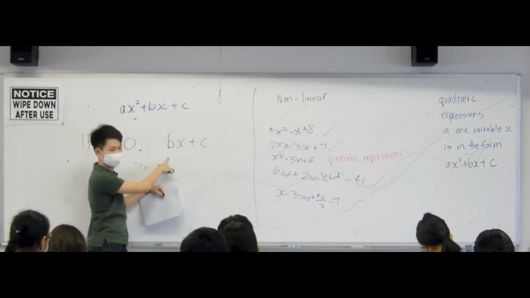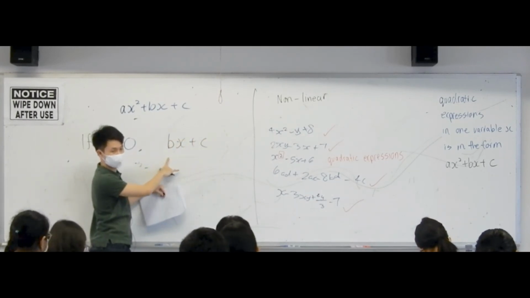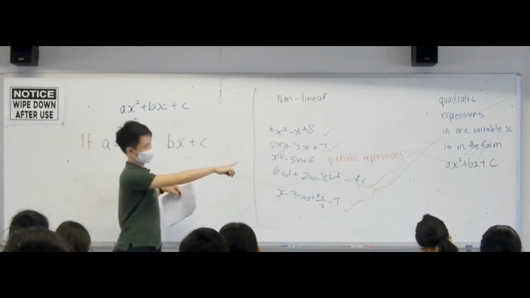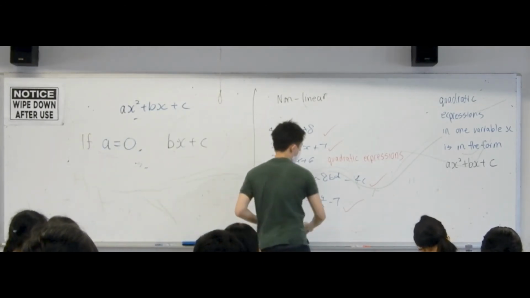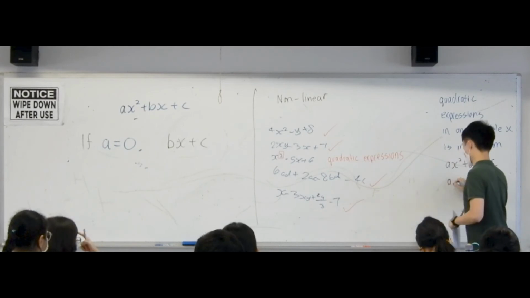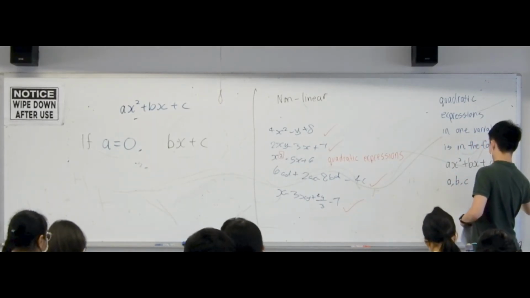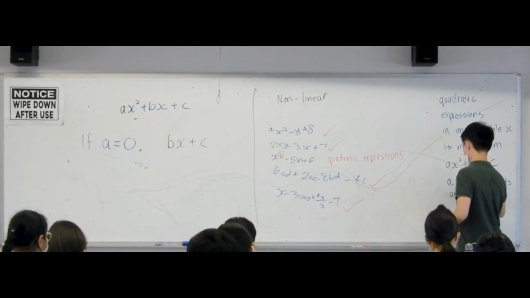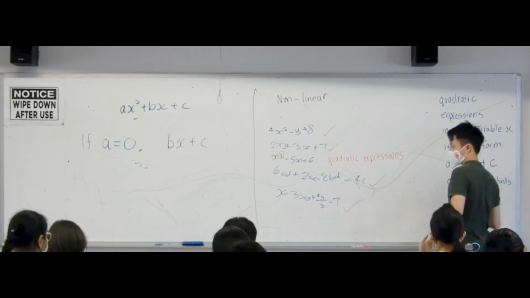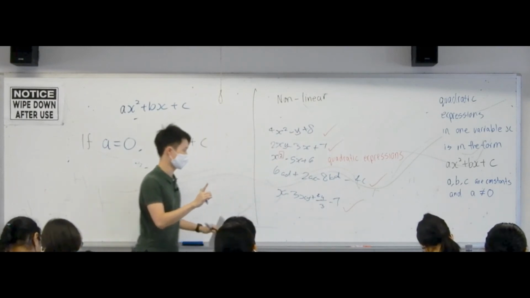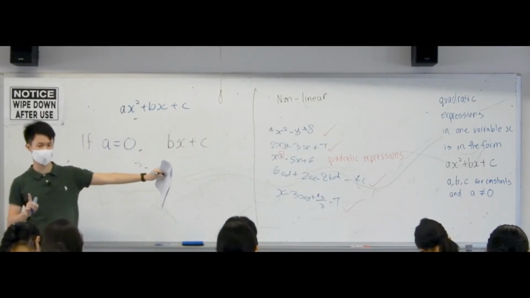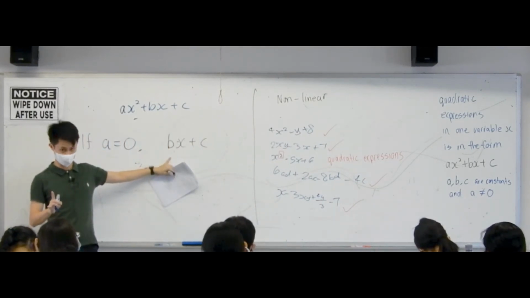And is this linear or non-linear? It becomes linear, right? Hence, that's why the definition has an extra part where it says a, b, c are constants and a is not equal to 0. This is very important because when a equals 0, it changes the quadratic expression to a linear expression.